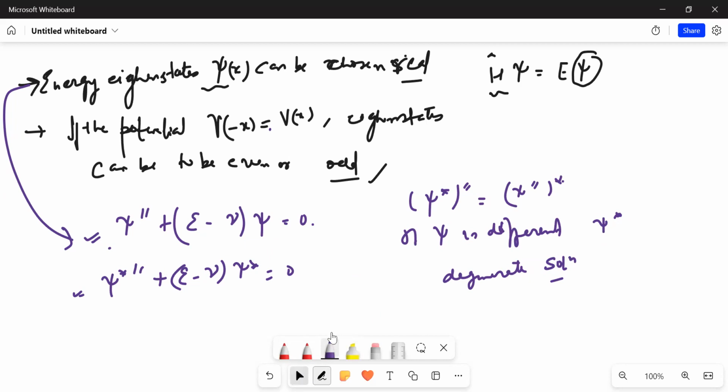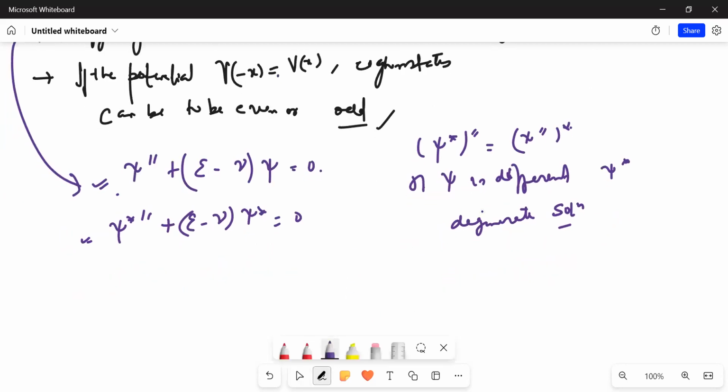Now, using this, I can make some linear combination. Let's say one notation I'm giving is psi r, and then I'll let you know why I'm using this. I can define this. Can you not see that this is a real function? Because psi and psi star, when added, will give a real entity.